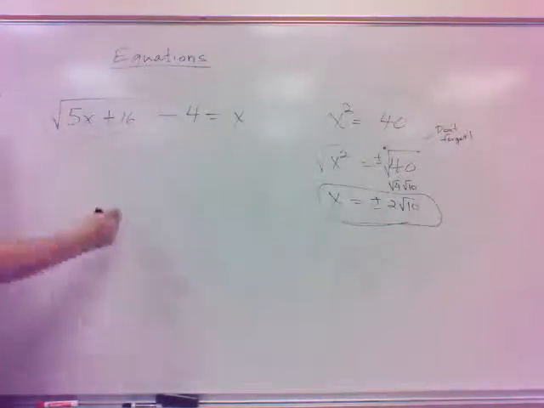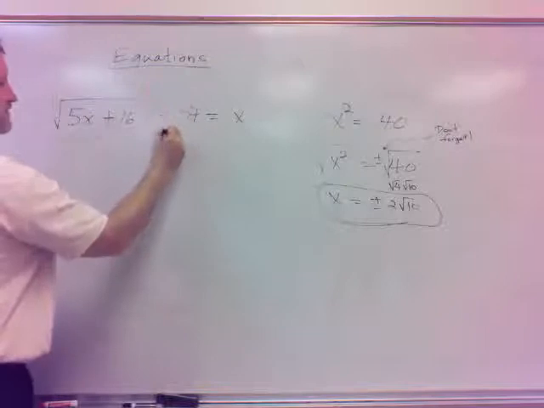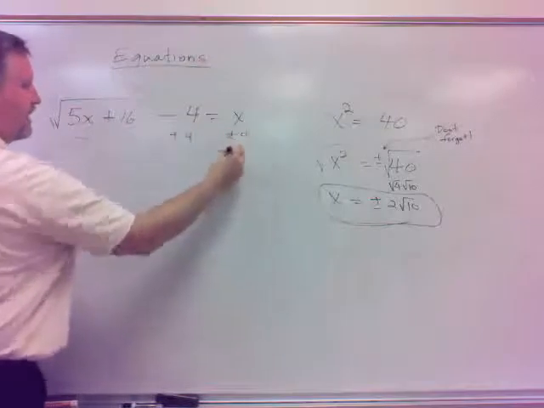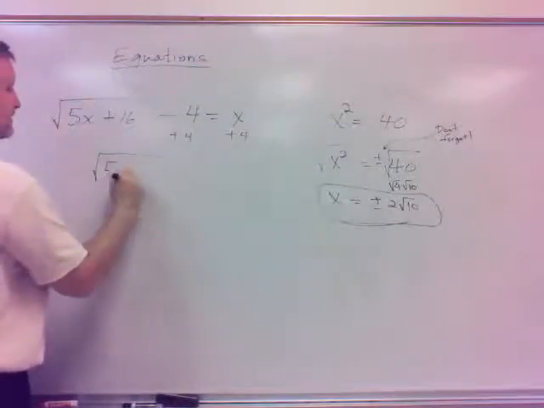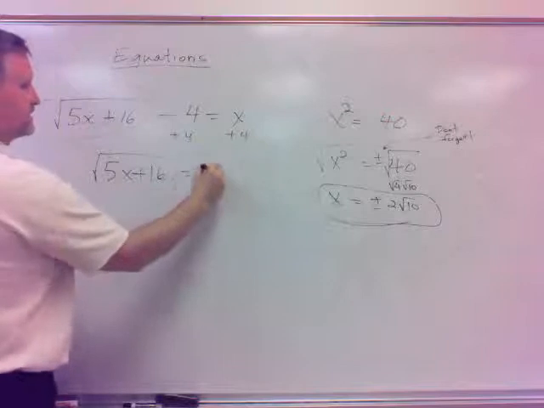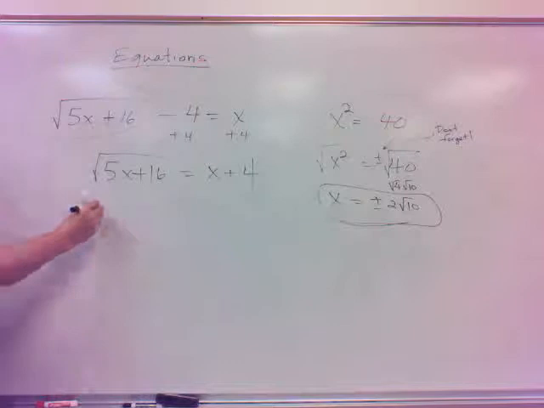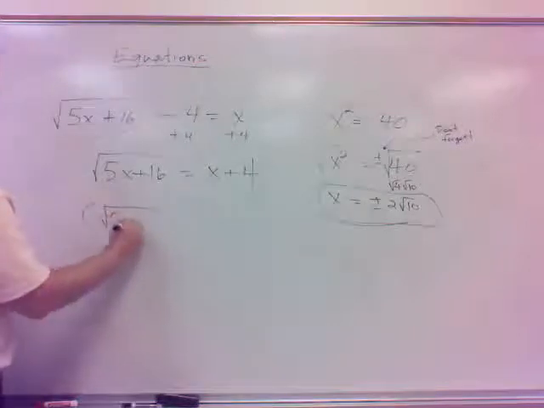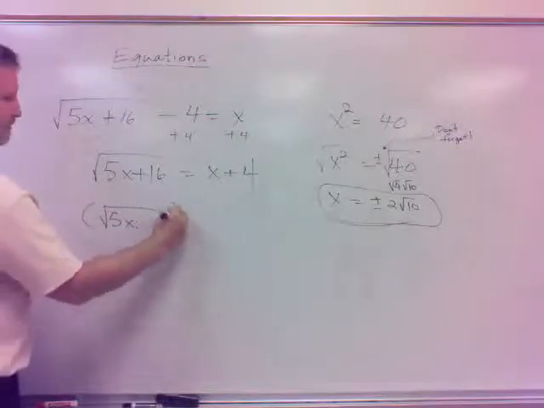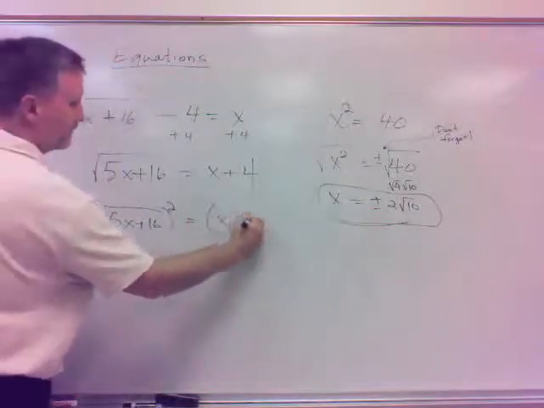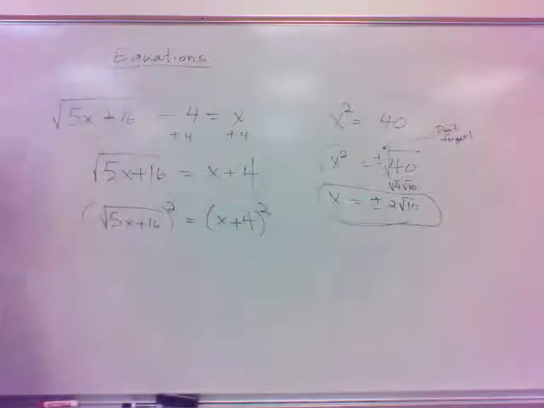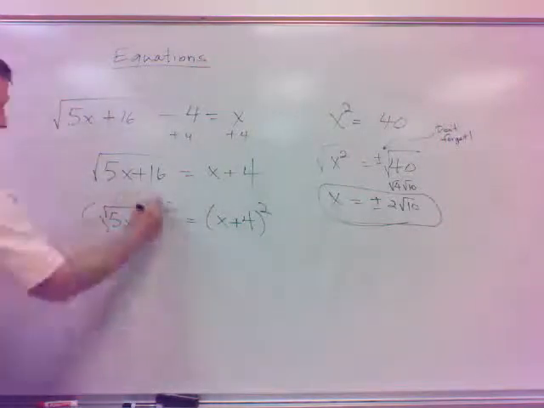And so that means I'm going to move the 4. I'm going to add 4 to both sides. So I get the square root of 5x plus 16 equals x plus 4. Then I can safely square both sides, which the square and the square root cancel.